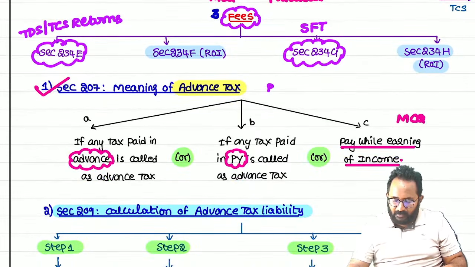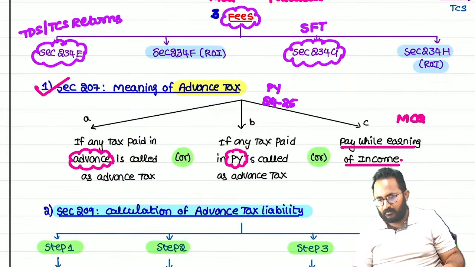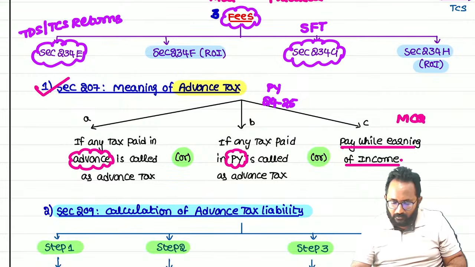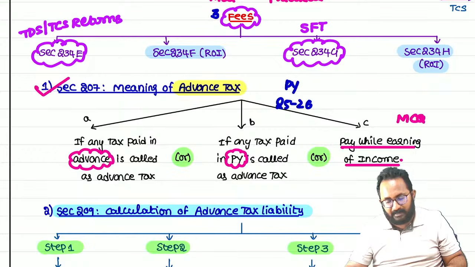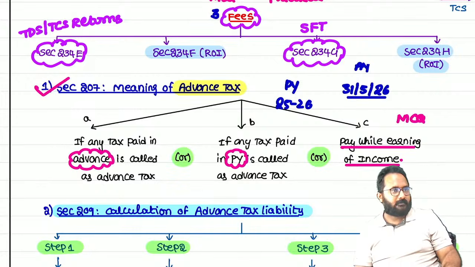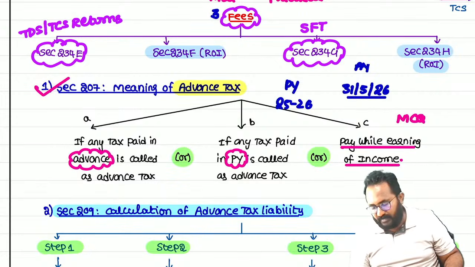For example, previous year 25-26 related things, we have to submit SFT by 31st May of 2026, that is in the assessment year. This is the due date for submission of SFT. 31st May of an assessment year.